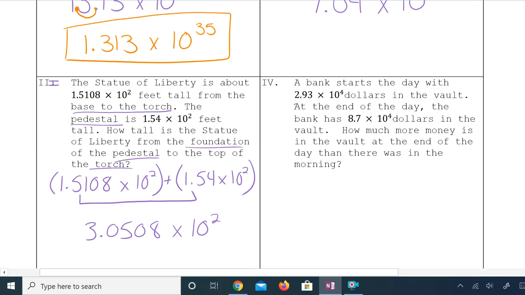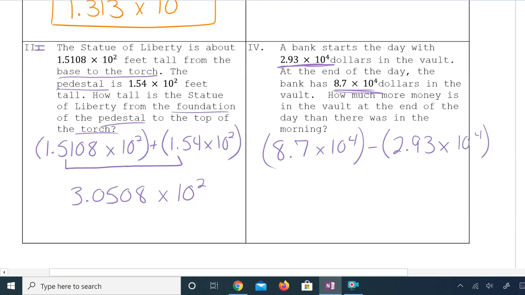So at the beginning of the day, we had 2.93 times 10 to the 4th, and then at the end of the day, we clearly had more. So I'm going to take my end of the day value, and I'm going to subtract my beginning of the day value to see how much was added throughout the day.